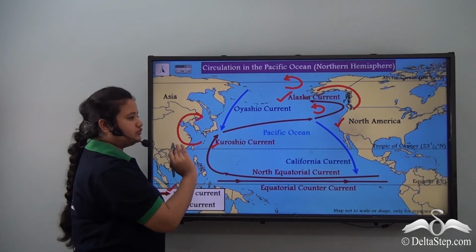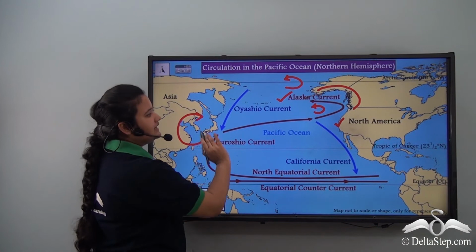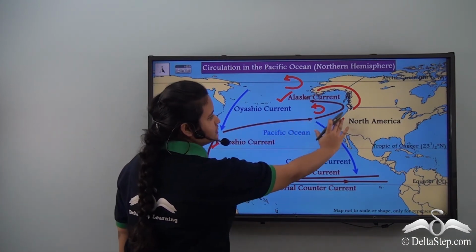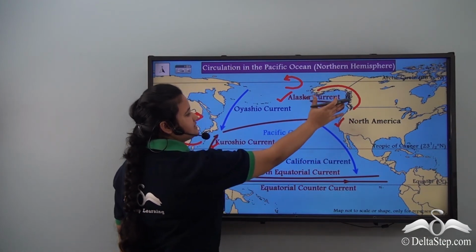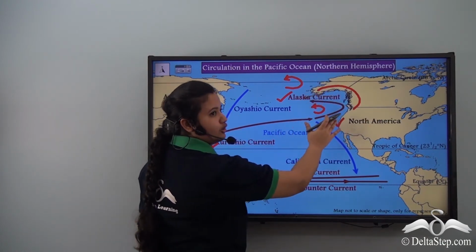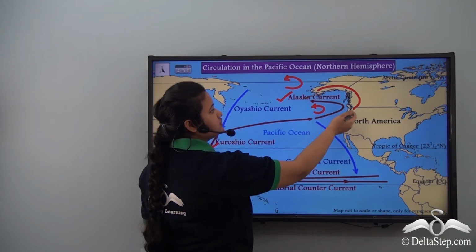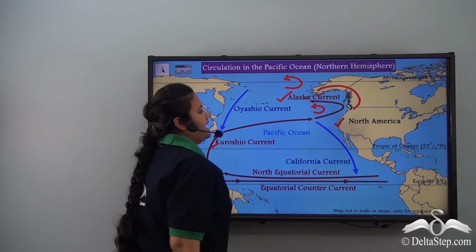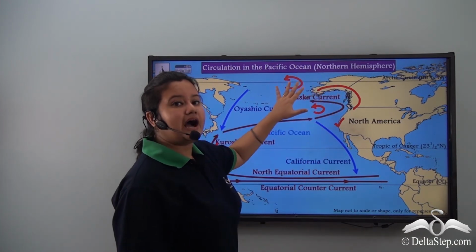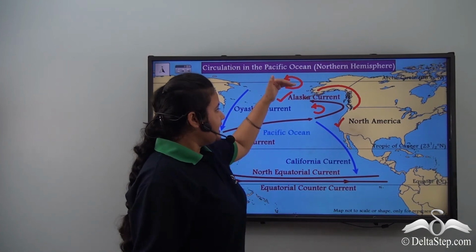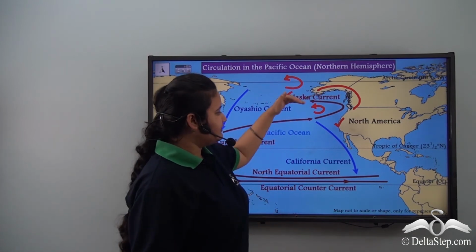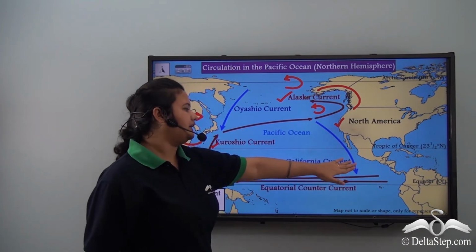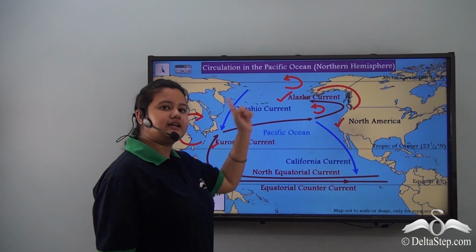Then under the influence of westerlies in the temperate region, the Kuroshio current flows towards North America. Here it gets obstructed by the shape of the landmass and it rotates anti-clockwise as the Alaska current, and then because of an upwelling of cold current and due to Coriolis effect, it deflects this way and flows as the cold California current. Cold California current again joins this and this cycle continues.